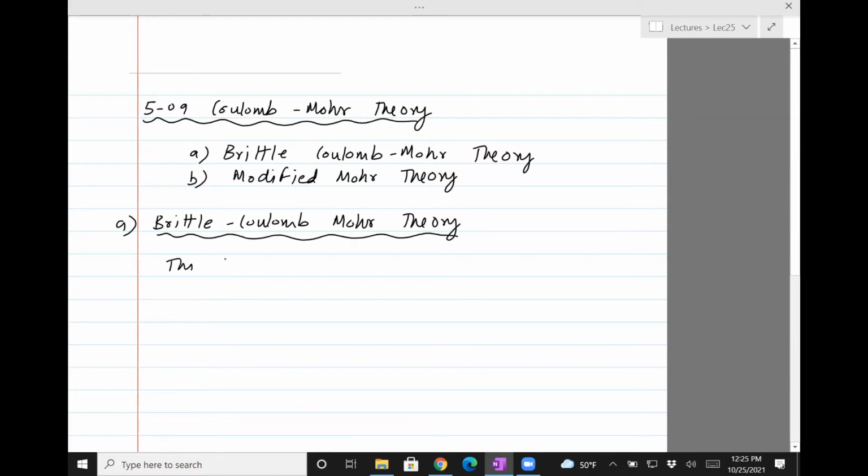As I said, it is almost identical, similar to ductile Coulomb-Mohr.